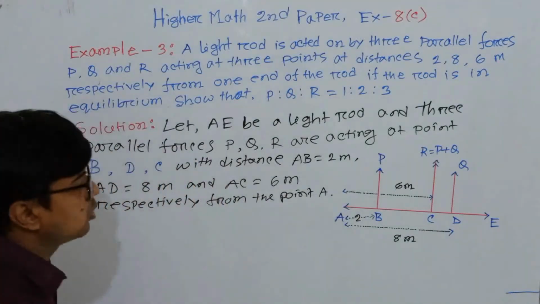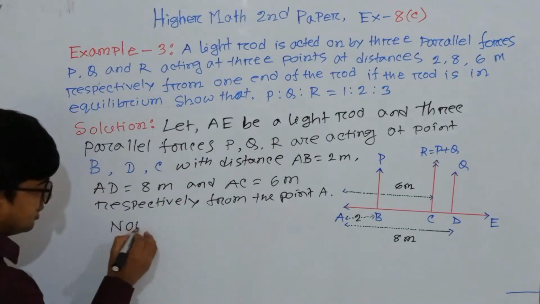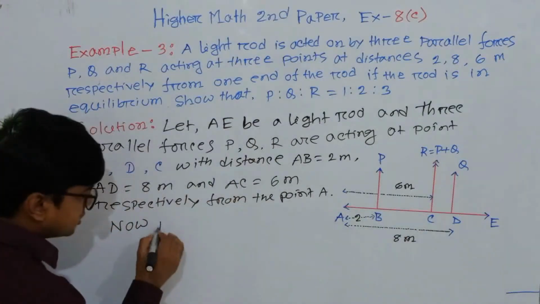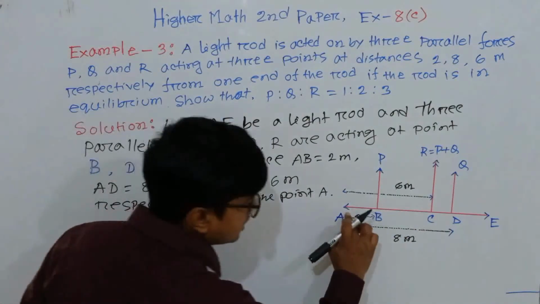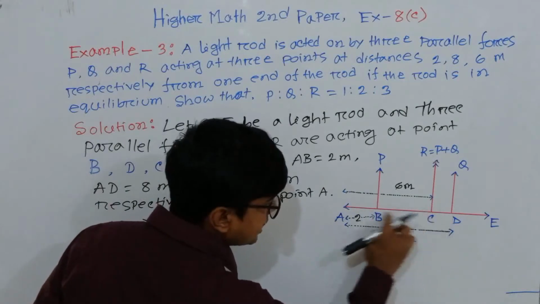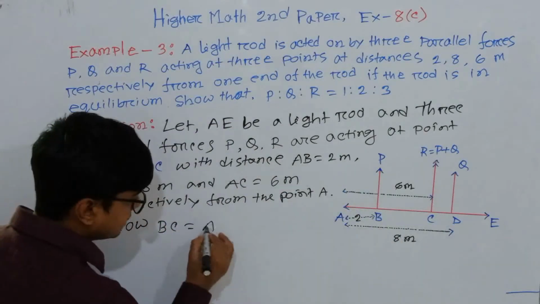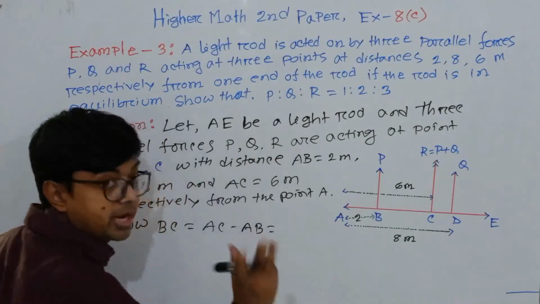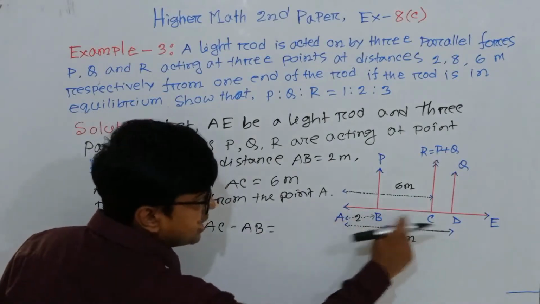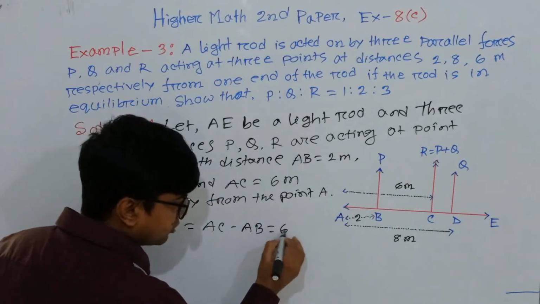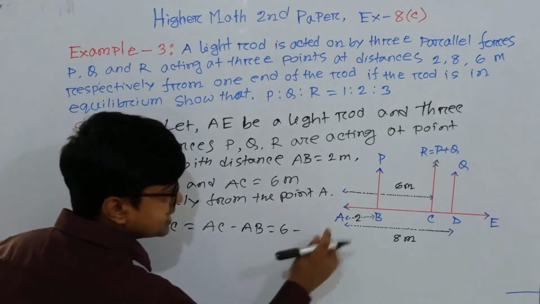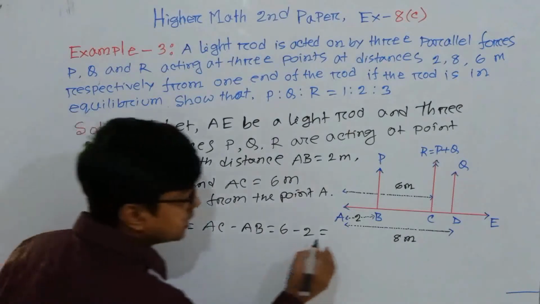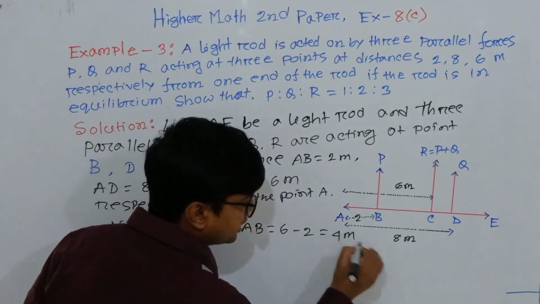Now look at this. Here BC equals AC minus AB. AC equals 6 meters, so we can write 6 meters minus AB equals 2 meters, so 6 minus 2, it will be 4 meters.